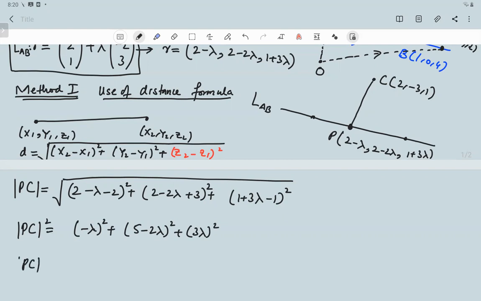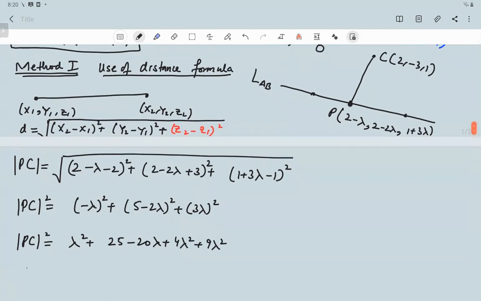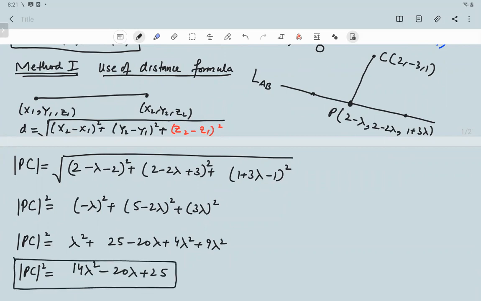And PC square is equal to lambda square plus 25 minus 20 lambda plus 4 lambda square plus 9 lambda square. And PC square is equal to 14 lambda square minus 20 lambda plus 25. This is an expression for PC square.